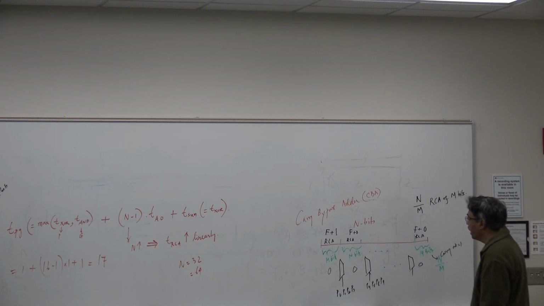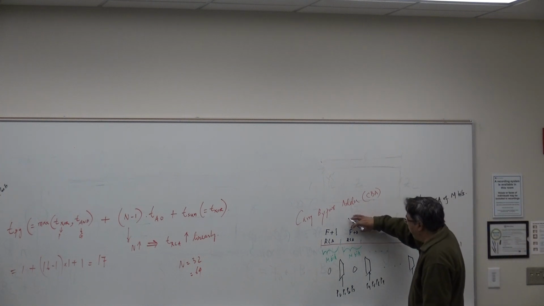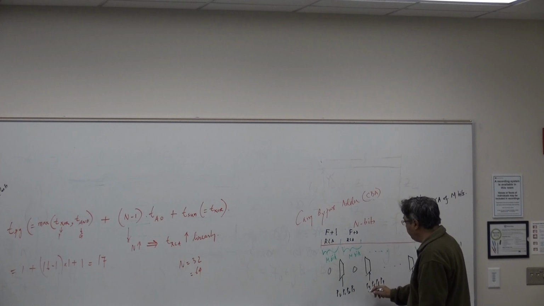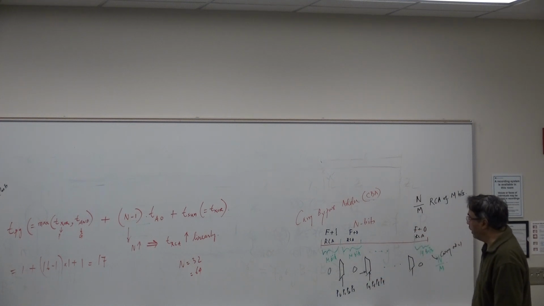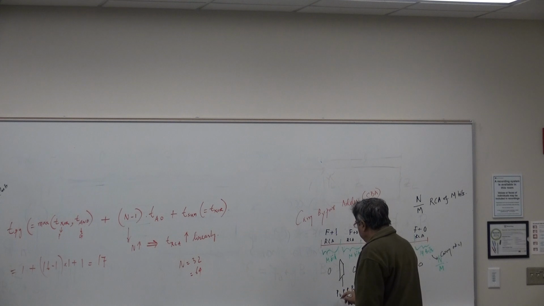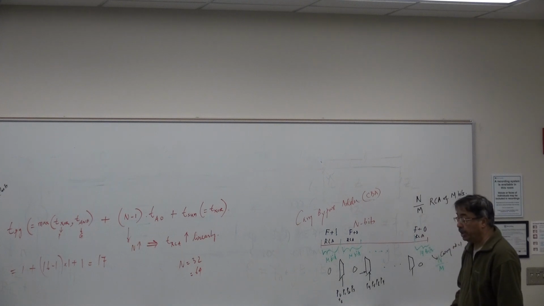Now, since this is F0, all these P4, P5, P6, P7 are 1, so the multiplexer will be selecting the input corresponding to 1. Here, P0 is 0 because carry is generated and the rest of them, P1, P2, P3, are 1.